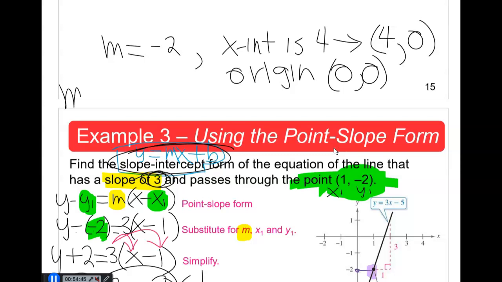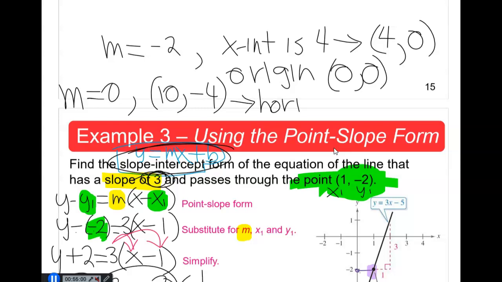What if they tell you the slope is 0, and the point is 10 comma -4? Well, if the slope is 0, that means it is a horizontal line. And if it is a horizontal line, then you need y equals a number. Where is that number going to come from? From the y value of the point. So in this case, y equals -4.